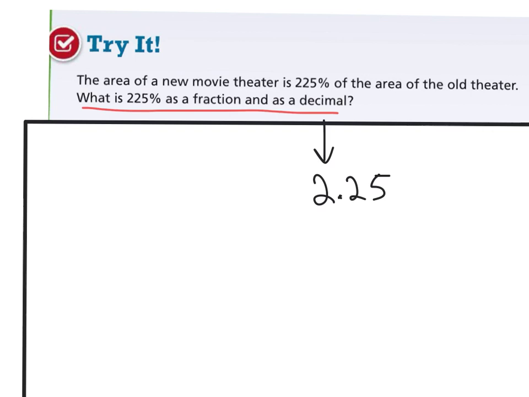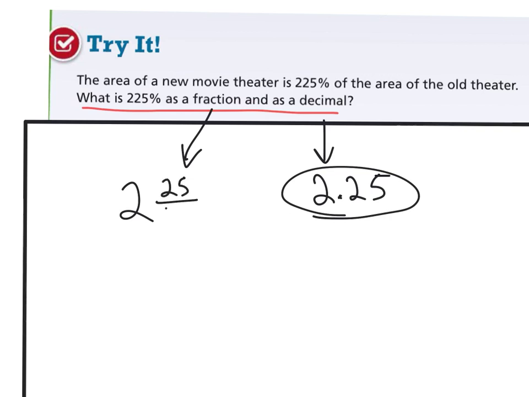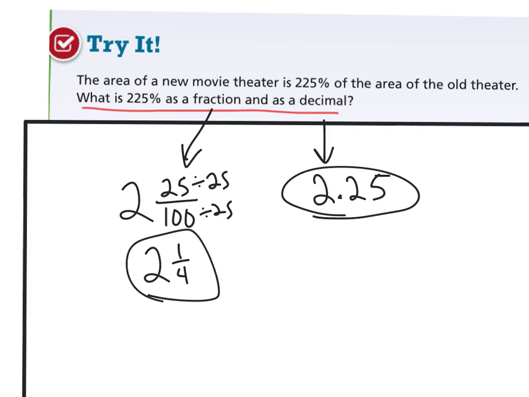As a mixed number, we can put 2 and 25 hundredths, and then we can reduce that down, and that would be 2 and 1/4.